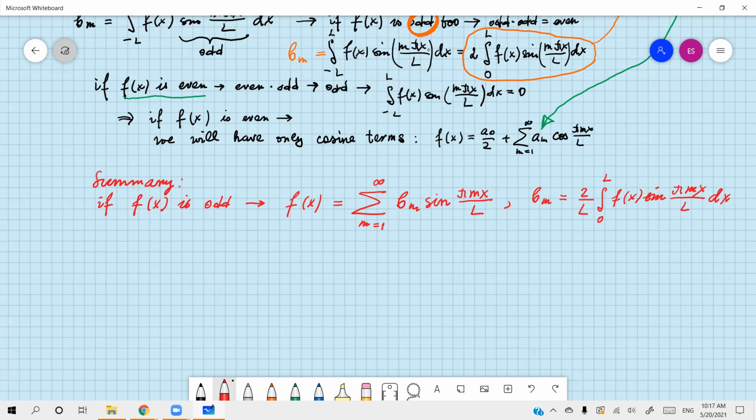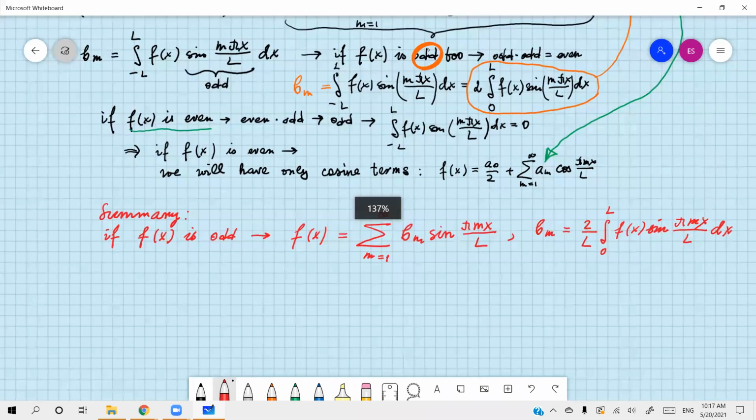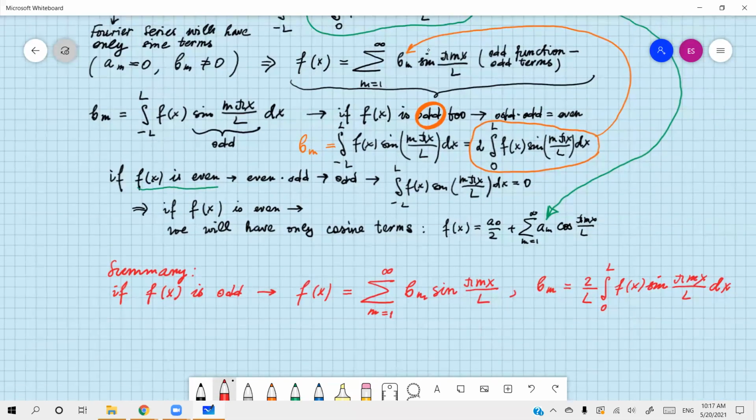So we can calculate it over just half of the period and multiply it by 2. I think I'm missing L somewhere in my previous coefficients. Sorry. Over here it's supposed to be 1 over L, and I just forgot to write it down. I started with the integral and then called it bm.